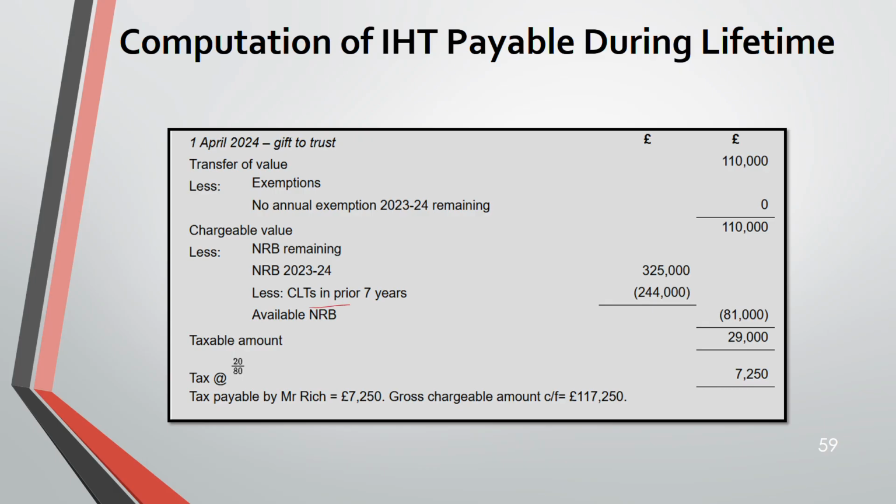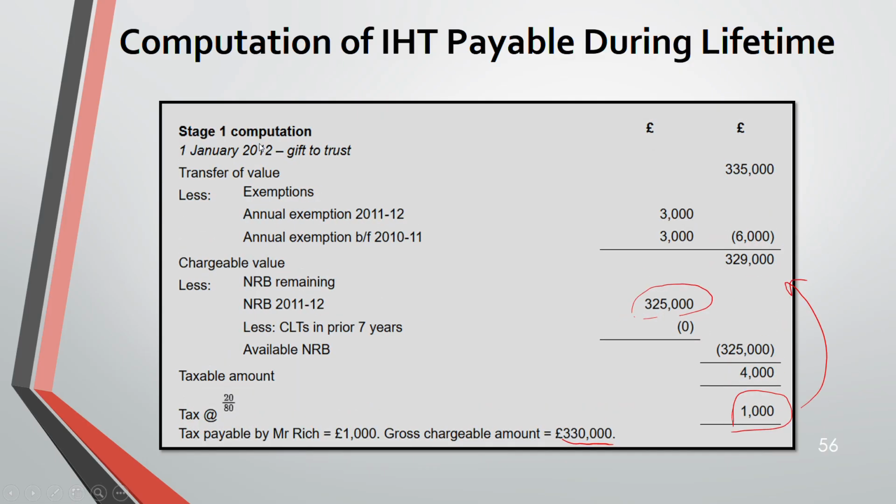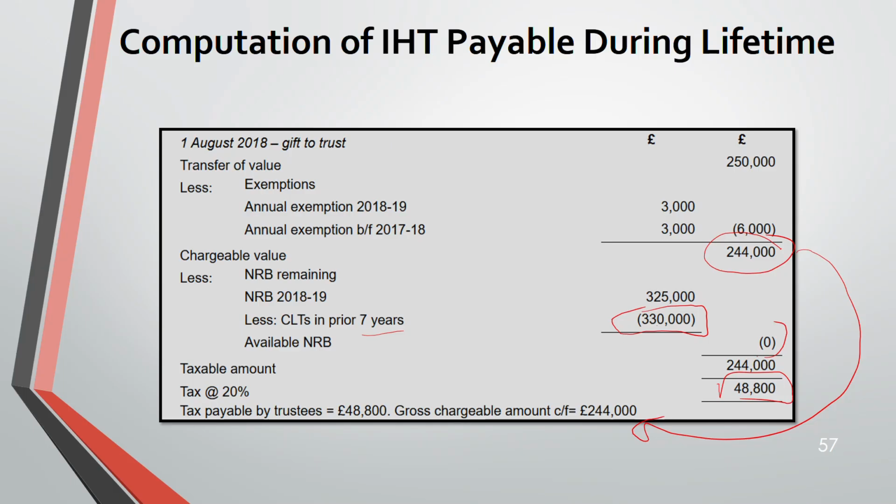See, when you have to go 7 years back, okay, it's 1st April 2024. So if you go 7 years back, this 2012 is more than 7 years, so this does not fall. Ignore. Okay, but the next gift, here this gross chargeable amount you need 244 because it falls within 7 years, 2018.